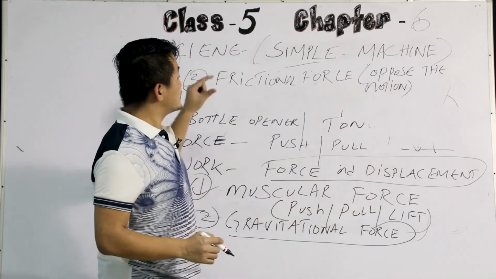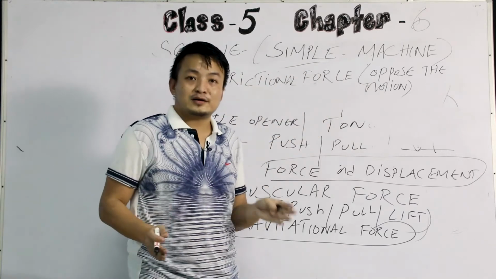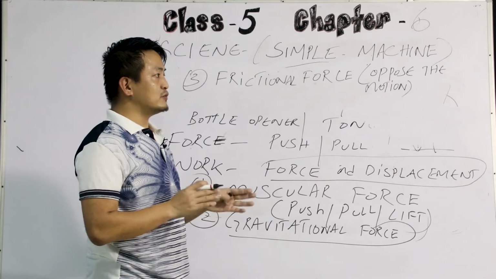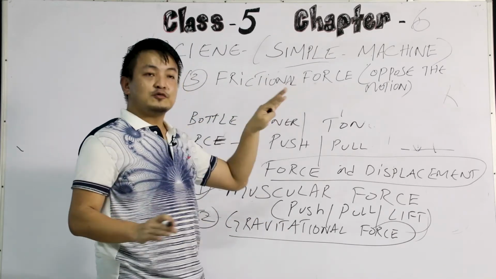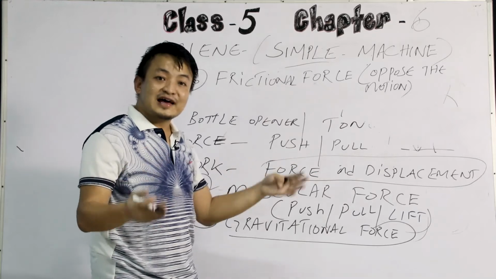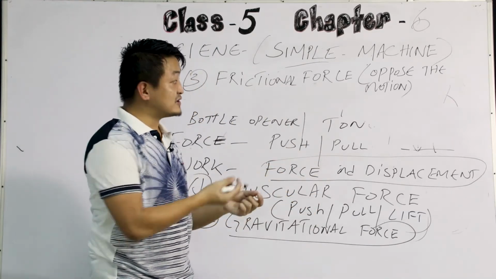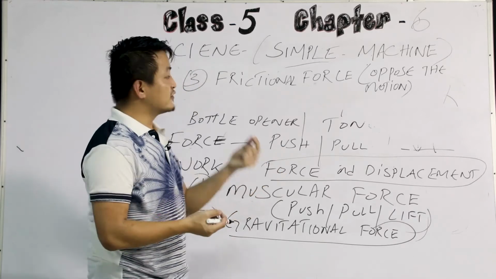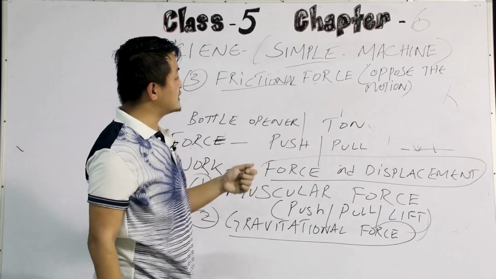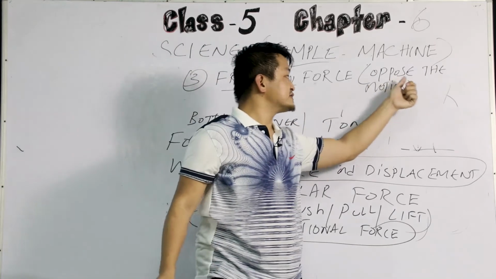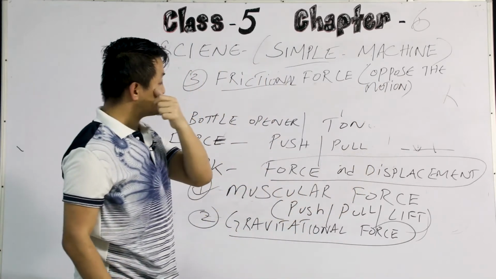Without this frictional force, we will not be able to walk. In absence of this frictional force, we will always slide. Instead of walking straight and erect, we will slide because there is no friction. So this frictional force is very important, and in simple words, this is a force which opposes the motion.